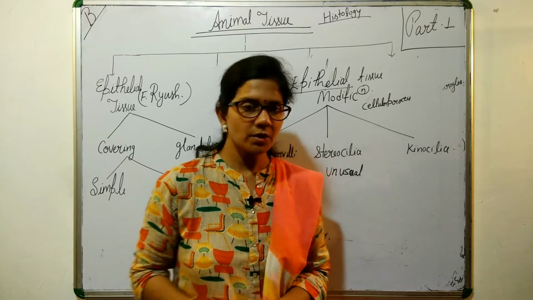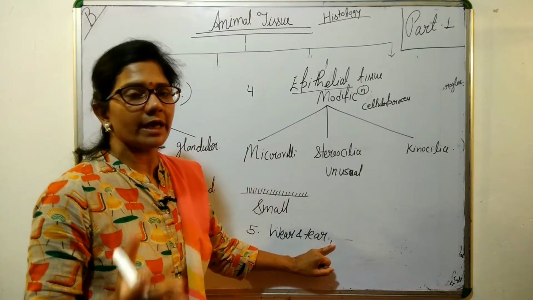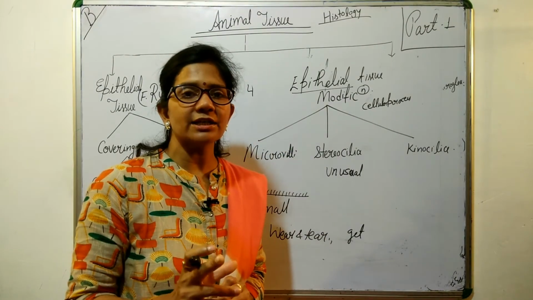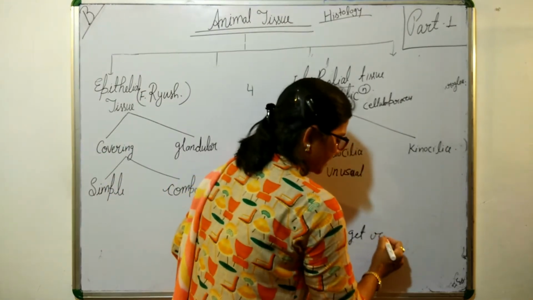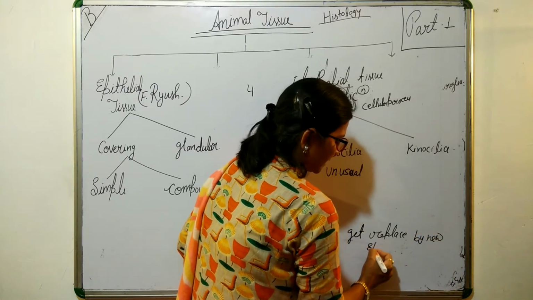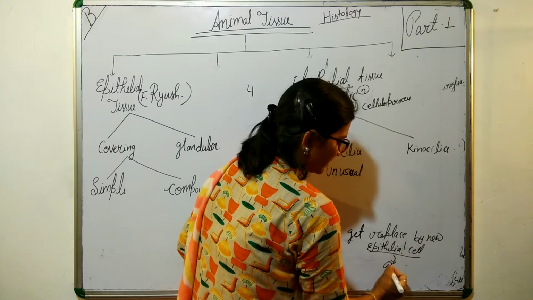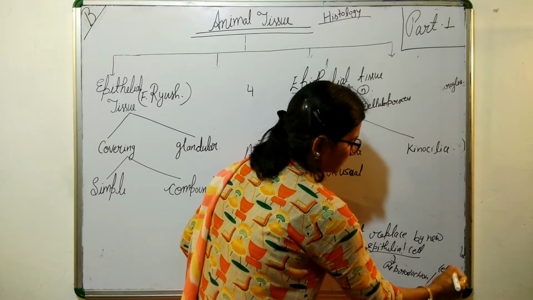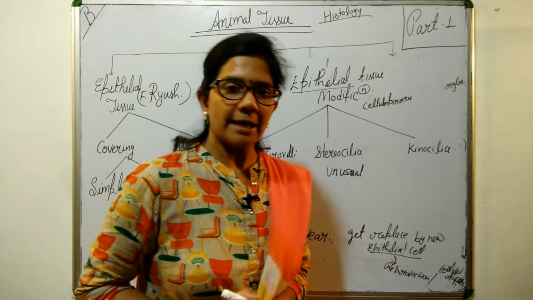The epithelial cell which has faced wear and tear and is about to die will get replaced by a new epithelial cell, which is formed by reproduction, or cell division, of that particular cell of the epithelial tissue.